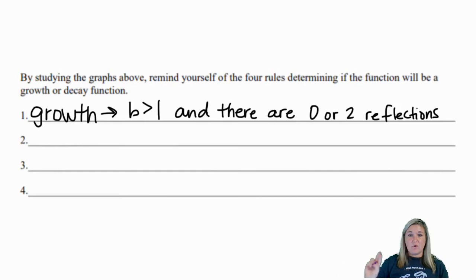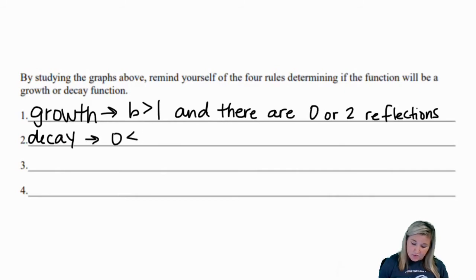So that would be 0 or 2 reflections, reflected over the x-axis and the y-axis. When looking at b as well, if it is between 0 and 1, that's going to be a decay, and there are 0 or 2 reflections.